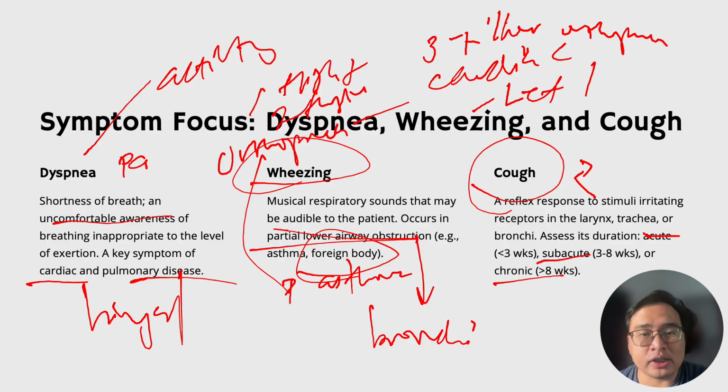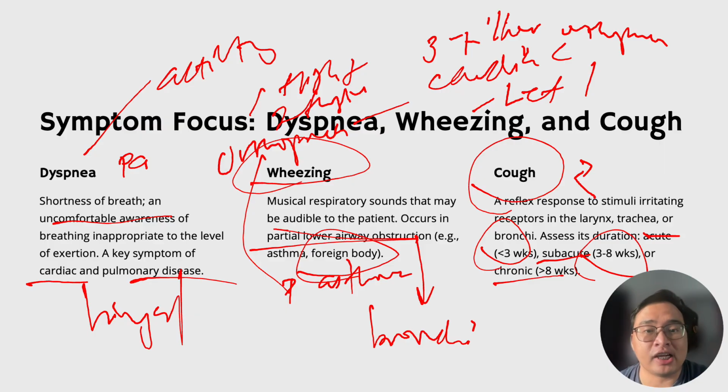Acute causes are usually viral or upper respiratory tract infections, especially if they do not have any abnormal lung sounds. Okay, so acute cough lasts for less than 3 weeks. There's also subacute cough that happens when someone has a post-infectious cough, meaning they have already recovered from the infection, but because of the remaining inflammation, their airways are still irritated.